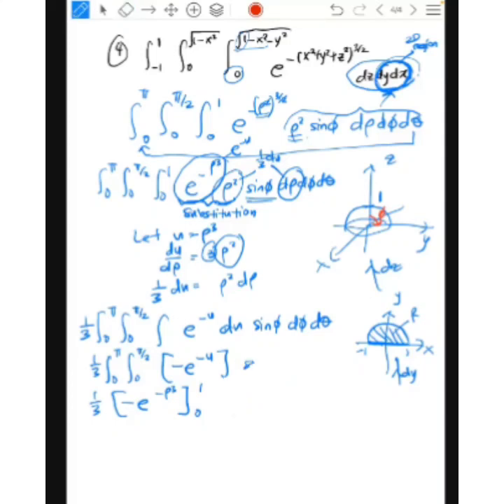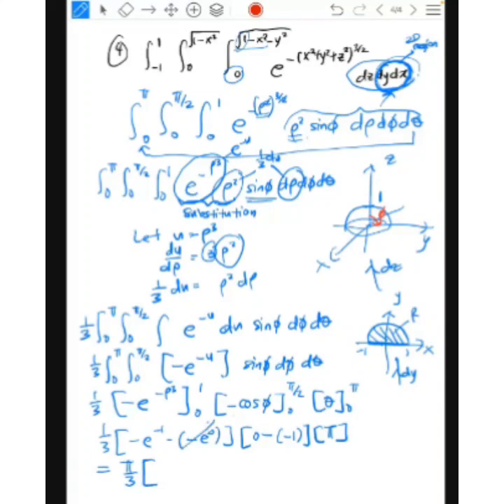Okay, then you can integrate, the sine will become negative cos phi from 0 until pi over 2, and then the theta is from 0 until 2 pi. This is 1, this is times 1 as well. So 1 minus 1 over exponent.